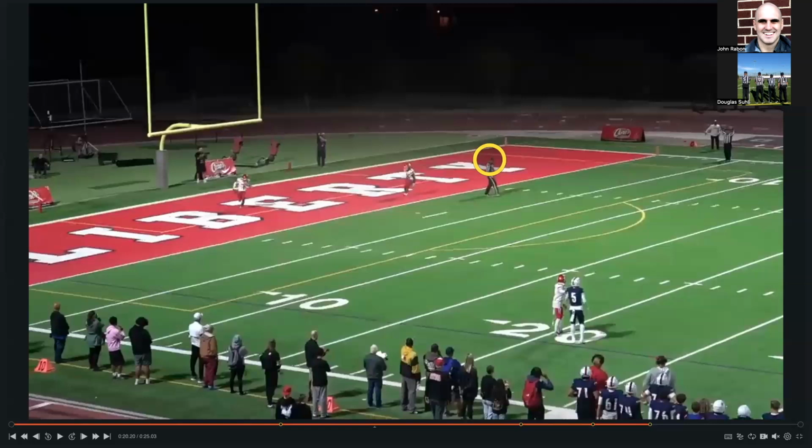Since the play would have technically resulted in a safety, this is where momentum comes into play, and we give them basically forward progress at the point that they got possession in the field of play. And we're not going to penalize him for his momentum taking him into the end zone and subsequently the ball being dead in the end zone. So that's the exception about momentum.